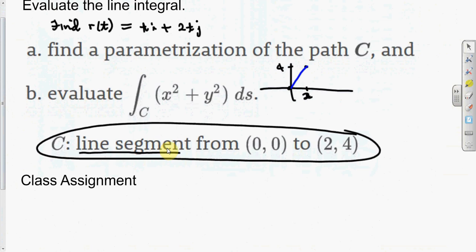But t itself goes from 0 to 2. Yes, sir. You still pick that up for y. Exactly. So this is the interval 0 to 2. So from there, you should be able to get it.